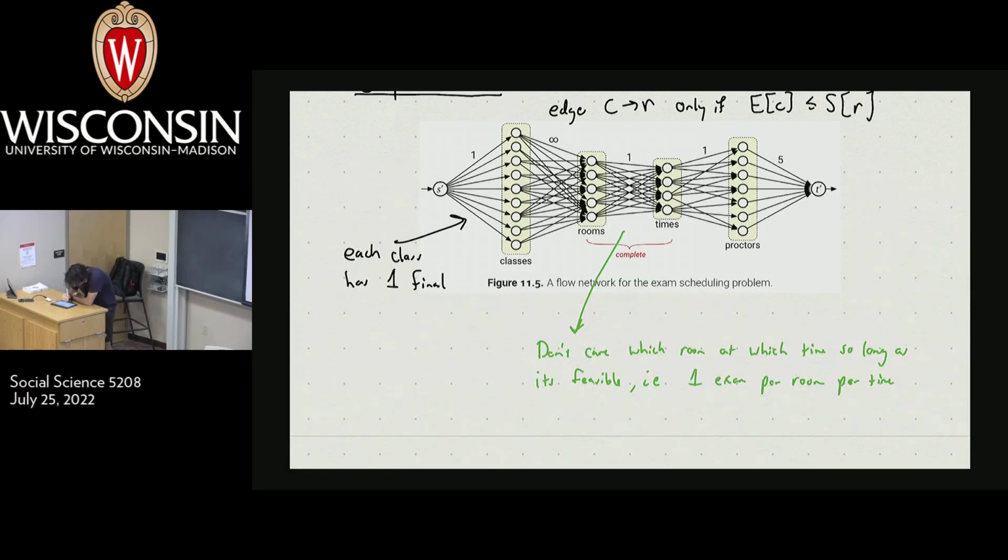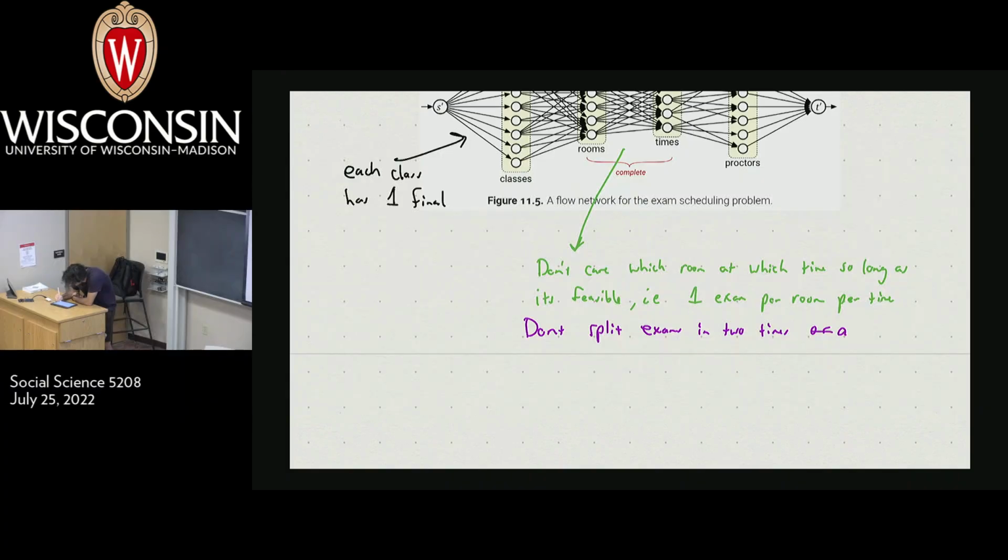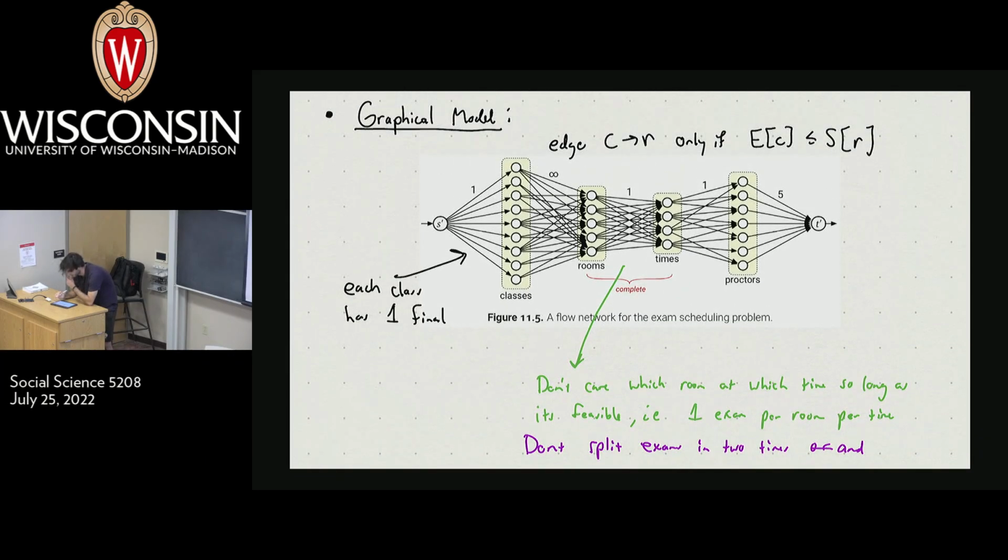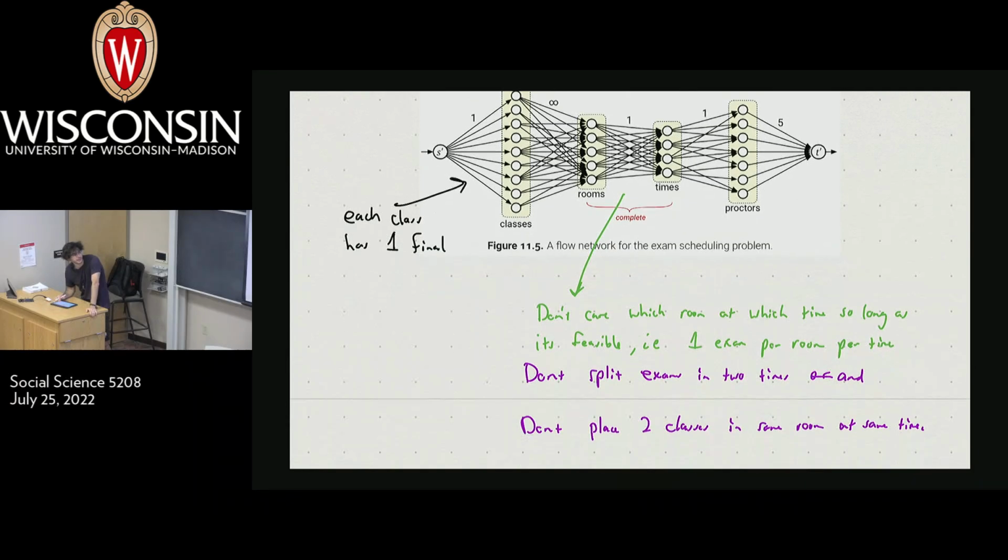We don't split exams, and we also don't place two classes in the same room at the same time. So that's why that 1 is there. Exactly one course can be at this room at this time to avoid this bad stuff there.